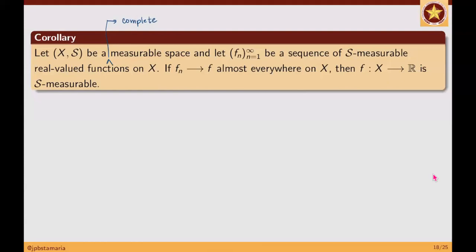Bakit hindi ko na kailangang i-prove ito? Kasi nga, pwede mo namang itapon lang, without loss of generality, you may just assume that Fn converges pointwise. Kasi kung mayroong mang portion yung space where Fn does not converge to F, ano lang yun? Measure 0 lang yun. And it doesn't contribute to the result.